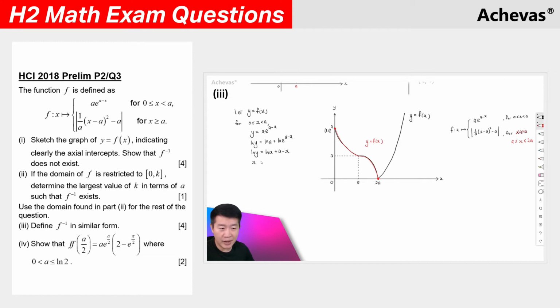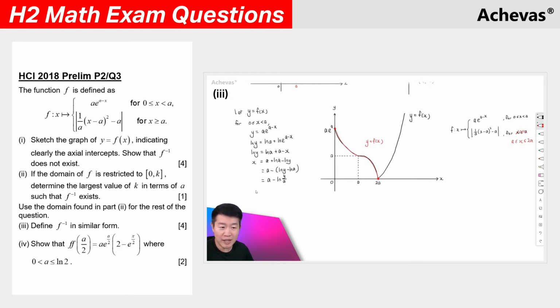If I were to bring x over to the left hand side, we will have x equal to a plus ln a minus ln y, which I can also express as a minus, ln y minus ln a. Combining this together, we have x to be a minus ln of y over a. So this will give us a hint to how the expression of f inverse is going to be like for this set of domain for f.